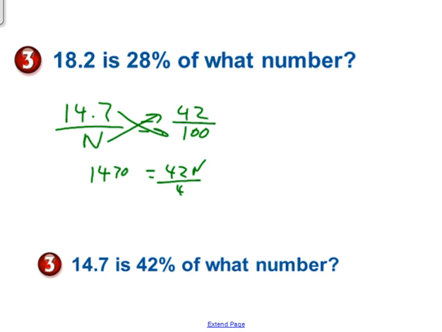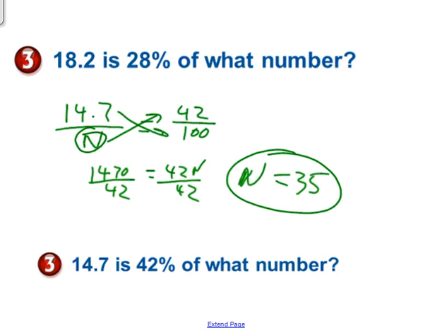Divide both sides by 42. And I get n is equal to 35. So my unknown whole part was the number 35.